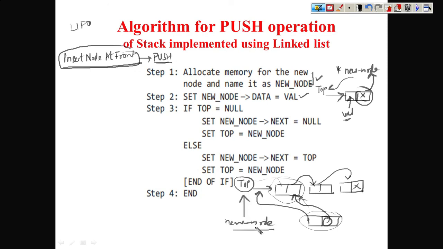So new node is actually pointing to this node. If you write the address of new node at the top, now top will point to this node, and this is what we are looking for. Now top will point to this node, and this node will point to this node, and we have achieved it. Already we have discussed the scenario of inserting a node at the beginning. So keep in mind, push is nothing but just inserting a node at the beginning in the linked list.